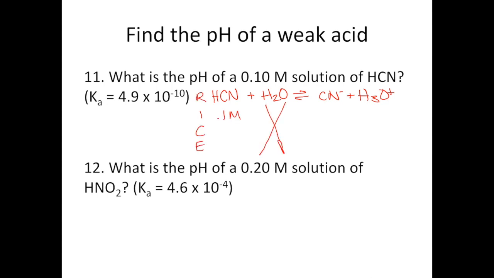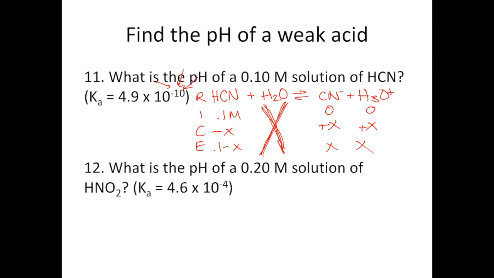It's 0.1 molar. H2O is a liquid, and so I just put an X there. I don't need anything there. And then this is 0, 0 because we haven't started yet. So this is going to be my change row, negative X, plus X, plus X. And then my equilibrium row is 0.1 minus X, X, and X.